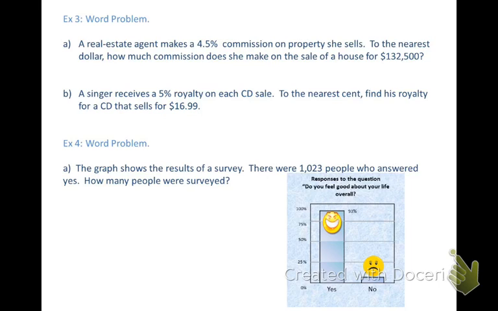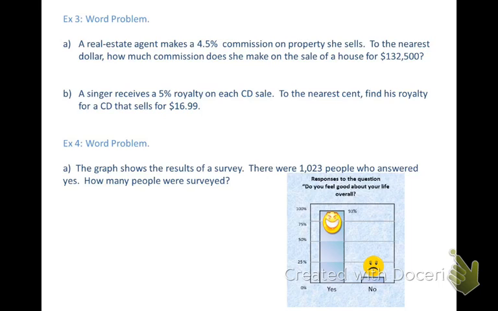Okay, a real estate agent makes 4.5% commission on property she sells. To the nearest dollar, how much commission does she make on the sale of a house for $132,500?